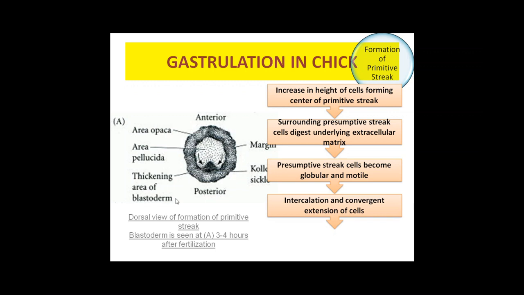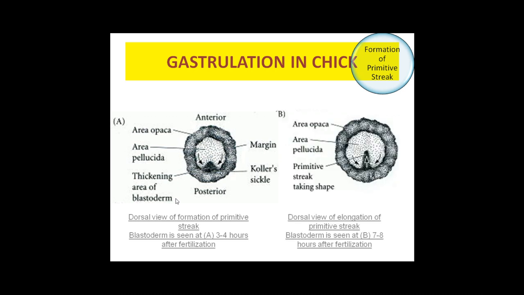This results in intercalation between these cells and convergent extension, giving rise to progression of primitive streak. Thus, the primitive streak undergoes convergent extension, converging from sides and extending anteriorly.